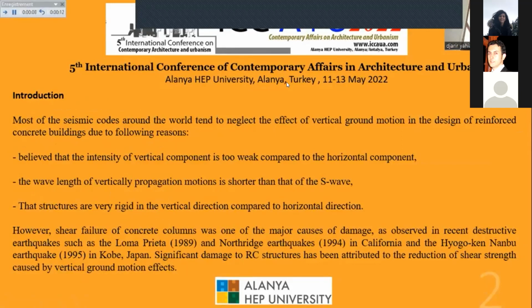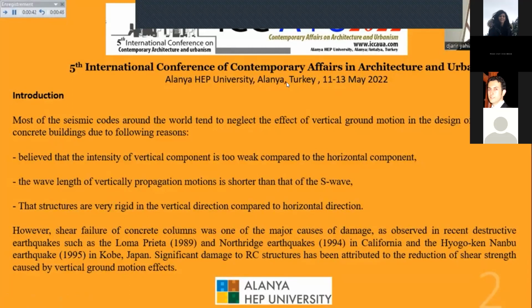However, shear failure of concrete columns was one of the major causes of damage, as observed in recent destructive earthquakes such as the Loma Prieta, 1989, and Northridge earthquakes, 1994, in California and the Hyogo-Ken-Nanbu earthquake, 1995, in Kobe, Japan. Significant damage to RC structures has been attributed to the reduction of shear strength caused by vertical ground motion effects.